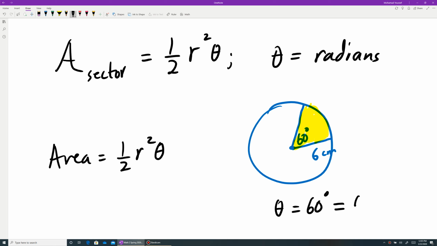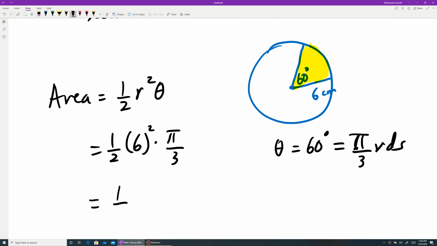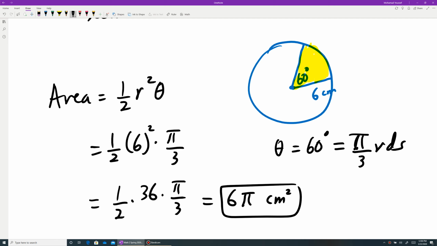If you convert to radians, which we did earlier, it was pi over 3 radians. So this is 1/2, r is 6 squared, times pi over 3. That gives us 1/2 times 36 times pi over 3, which simplifies down to 6 pi cm squared. You can leave answers in terms of pi, or you can just multiply it if you like.